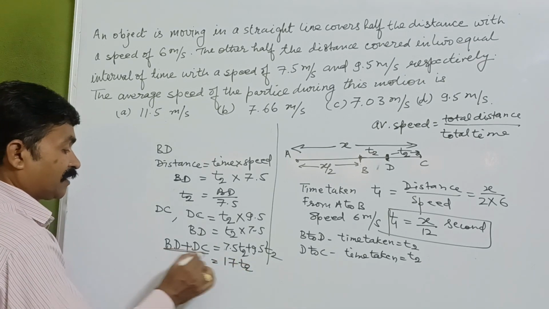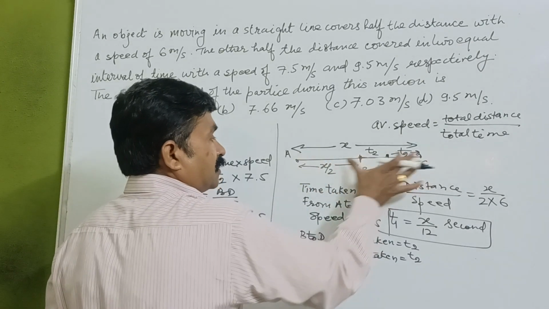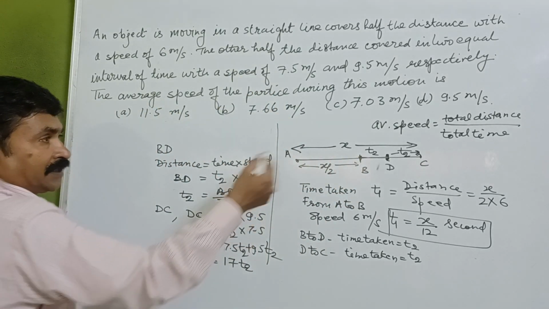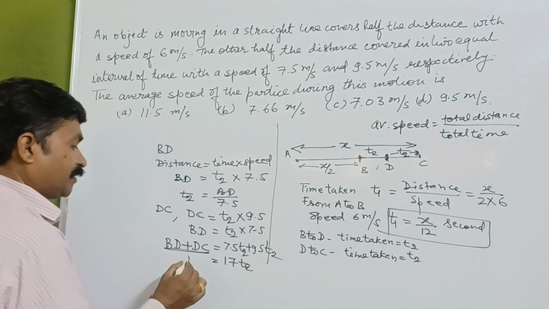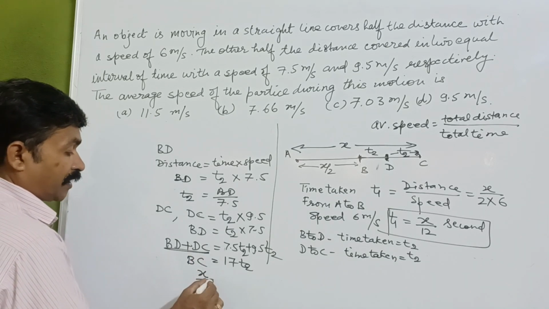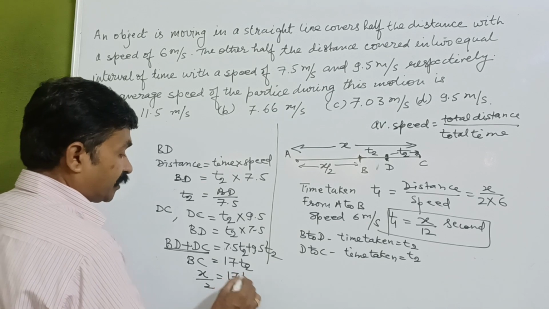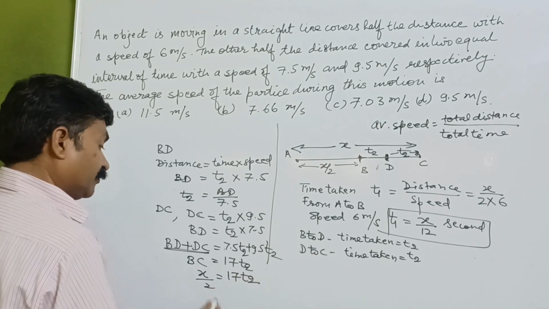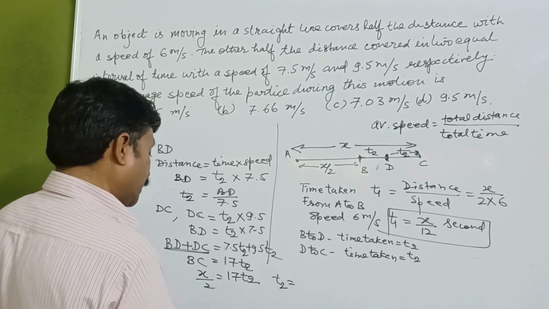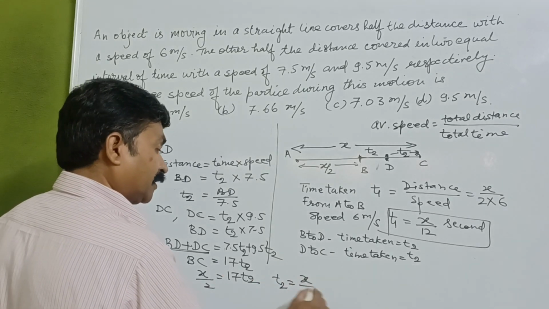BD plus DC is the remaining half of the distance from B to C, which is x by 2. So x by 2 equals 17 into T2, and T2 will be x upon 34.